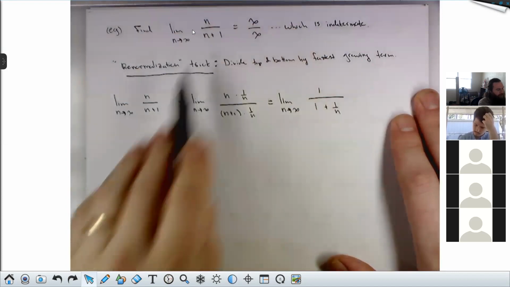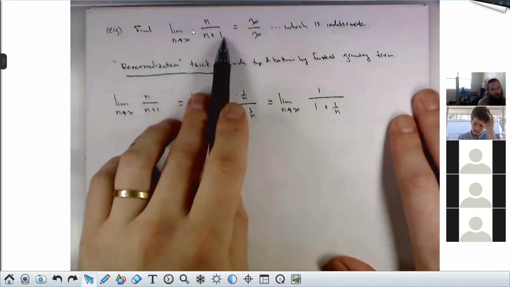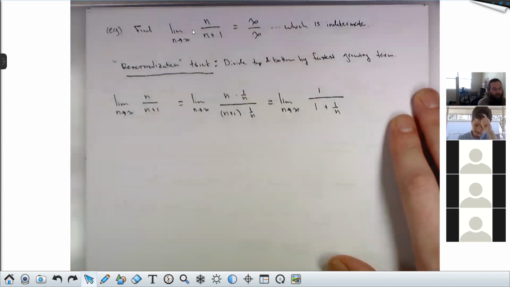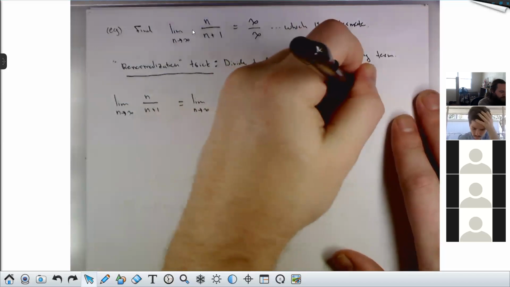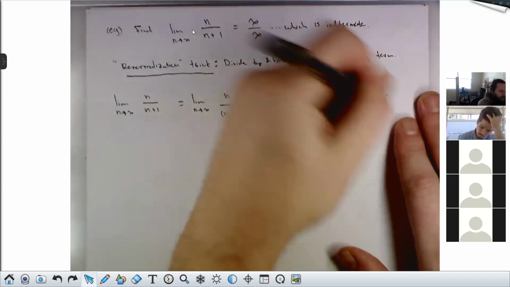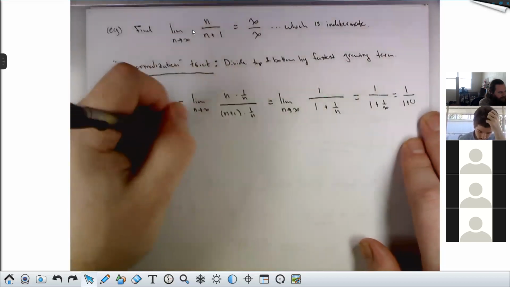If you divide every term here by n, you get 1, 1, and 1 over n. Now, as n goes to infinity, this is 1 over 1 plus 1 over infinity, which is 1 over 1 plus 0, which is 1.